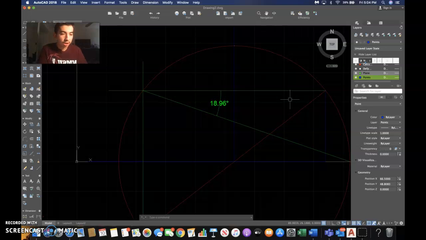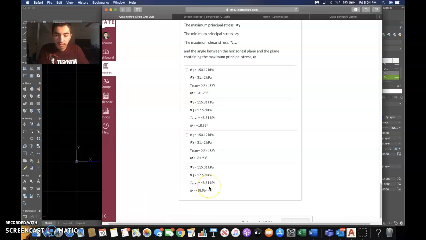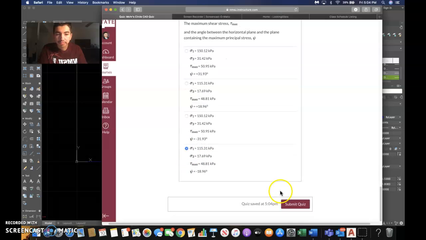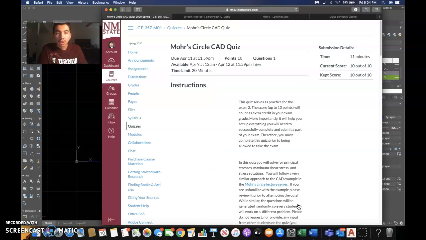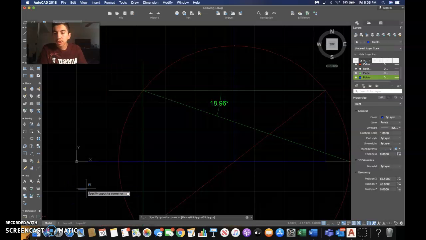So the maximum shear is 48.81 kPa. So now let's go back, see if, okay, so I have sigma 1 is 115.31, sigma 3 is 17.69, maximum shear is 48.81, and the angle is negative 18.96. And there we go. Thank you.